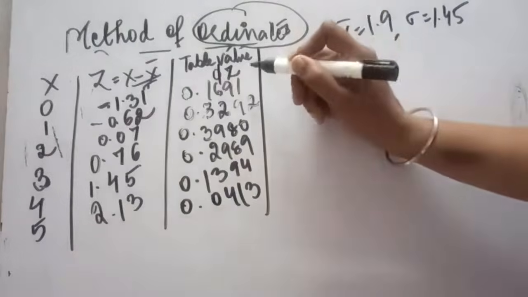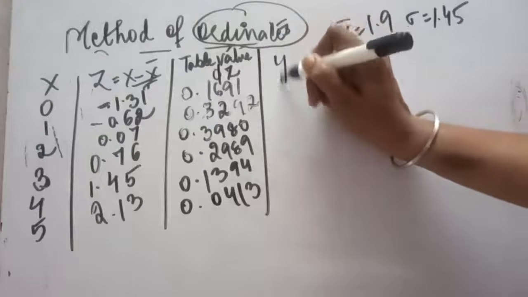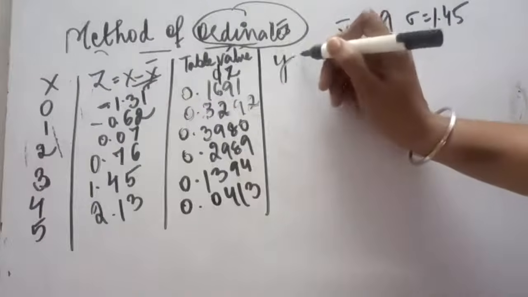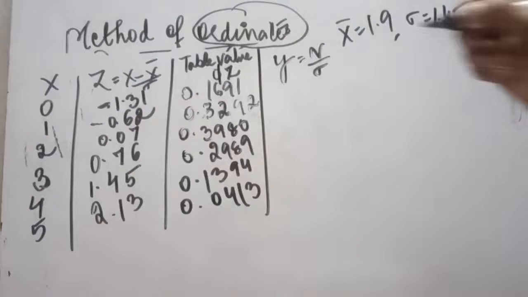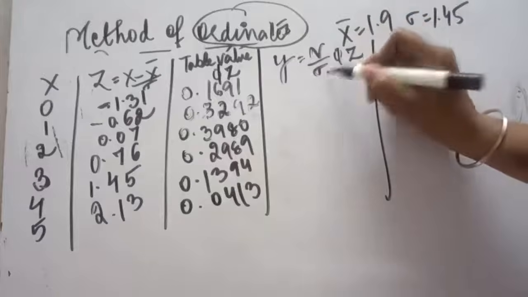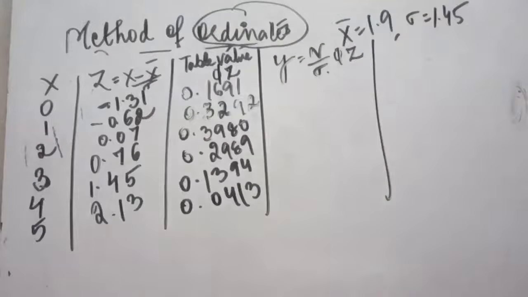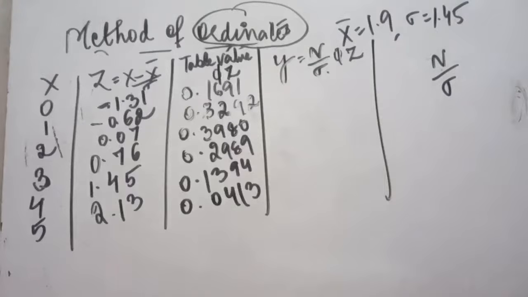After calculating these table values that we have named as phi z, the next is the calculation of y. And how is y calculated? The formula to calculate y is n divided by standard deviation into phi z. So n upon standard deviation will be multiplied by this table value. Either you can calculate n upon standard deviation separately.